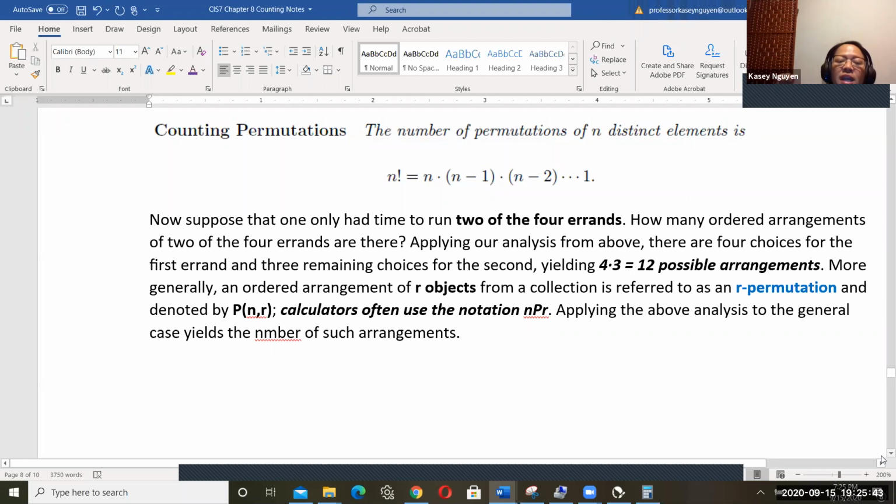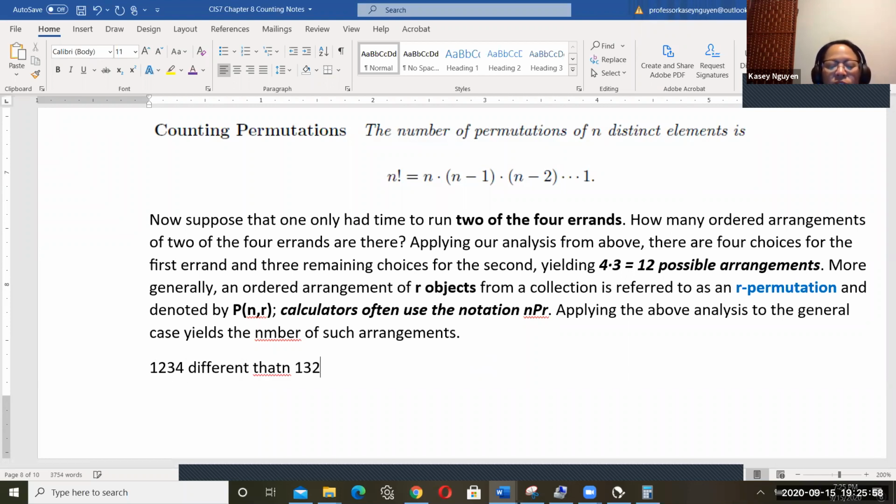Remember, in permutation the order does matter. So what do I mean by that? Things like this: 1, 2, 3, 4 is different than 1, 3, 2, 4.